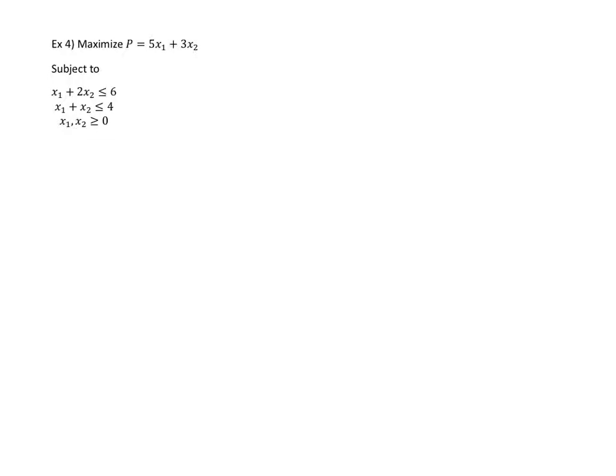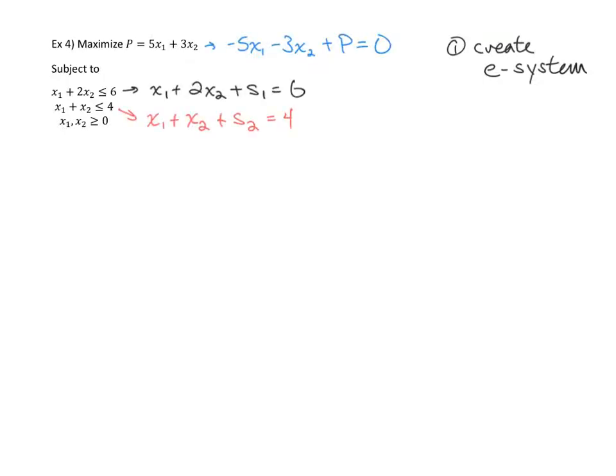You'll want to first rewrite your I system as an E system. So here are the equations for the E system. Again, we add slack variables to any of the constraints that we have, and we don't worry about the non-negative constraints.